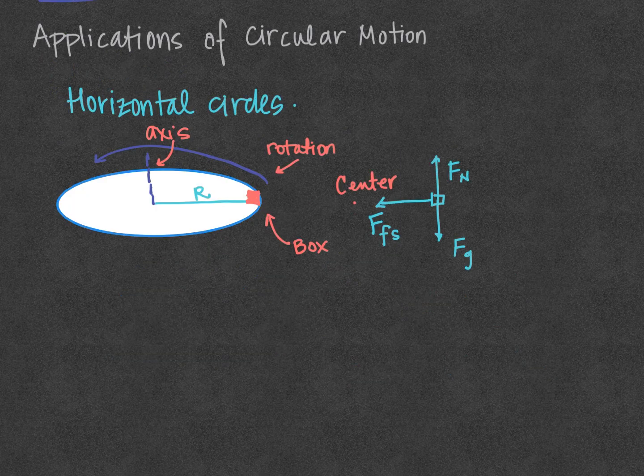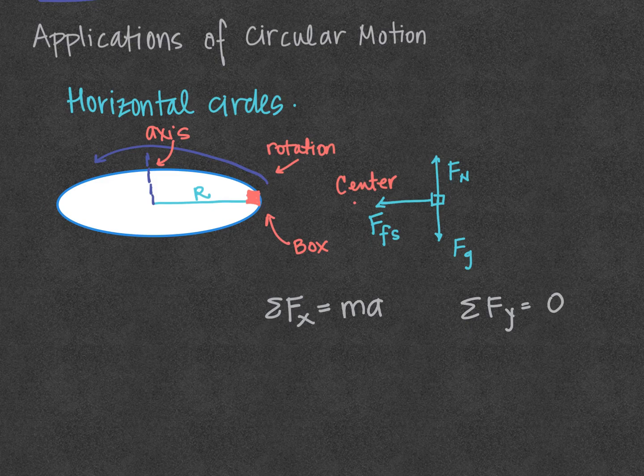Now let's look at this free body diagram and sum our forces. Since the force in the x direction is unbalanced, there's nothing on this side, then we will have that the sum of the forces in the x direction would be equal to ma. In the y direction, up and down, there are balanced forces.